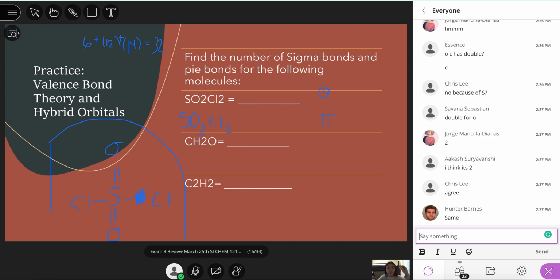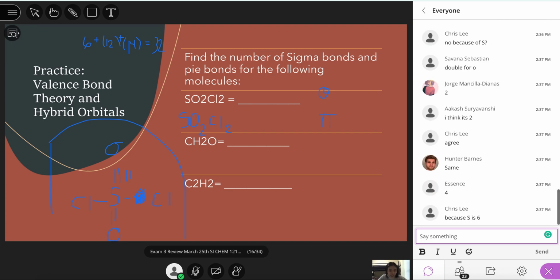Actually, I think you guys are thinking about pi bonds. Pi bonds is 2. That double bond is 1 pi bond here, and there's 1 pi bond here, so that's going to be 2 pi bonds. But sigma's different. Sigma's any bond attached to the central atom, and it counts as 1.